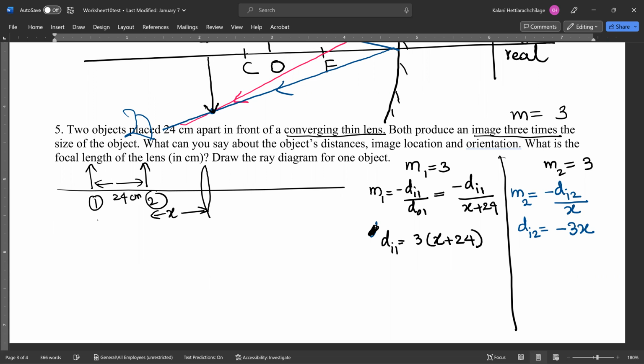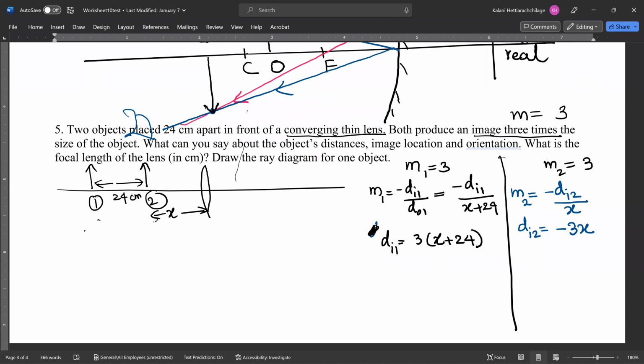I cannot have both positive 3 for your magnification. Why is that? You remember how the converging lens works. When the object is inside the focal point, it will create the image on this side, larger in size. And the other one will create the image larger in size, maybe inverted, on the other side, right?